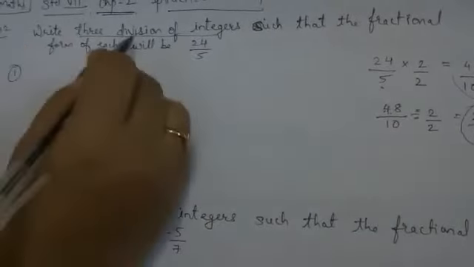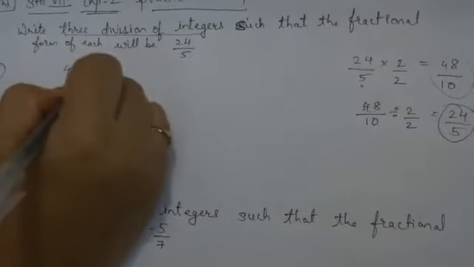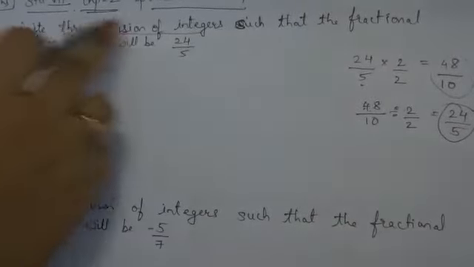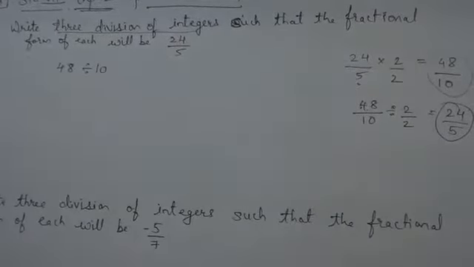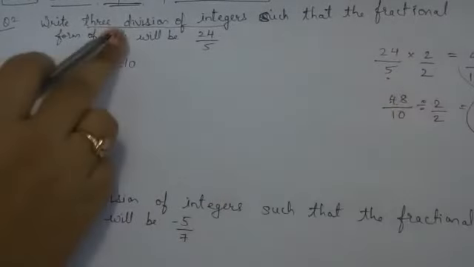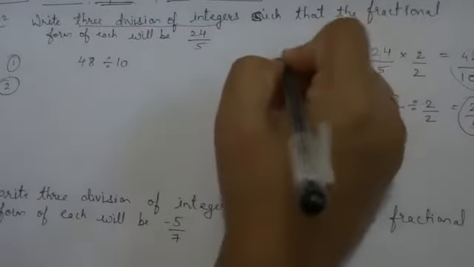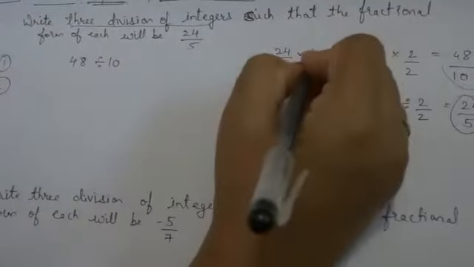So the first one: we got 48 divided by 10. This is your first division. After reducing this, you will get 24 by 5. Similarly, for getting the second, you can take 24 by 5 and multiply it by 3.